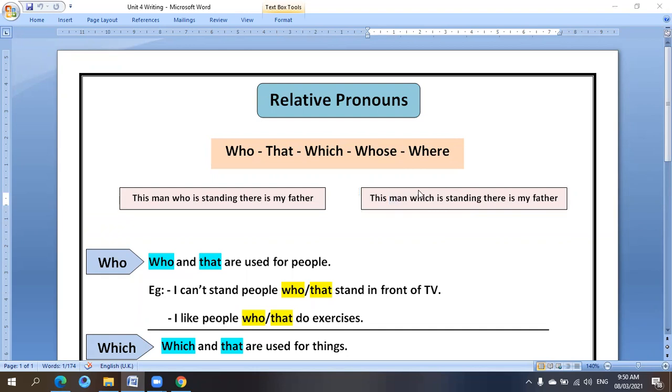So these are relative pronouns. The most important thing with relative pronouns is to know how and when to use each one: when to use who, that, which, whose, and where.